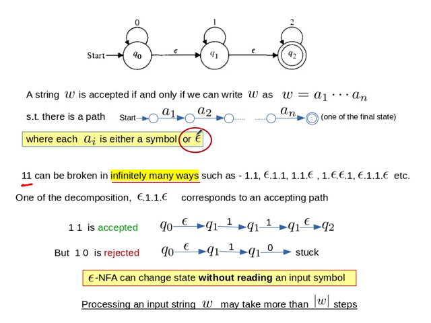Since we are also considering epsilon, breaking down this 1 1 can happen in infinitely many ways. If we do not allow epsilon, then 1 1 can be broken down only into 1 and 1, so there will be just a1 here and a2 here, nothing else. But now since we allow epsilon, we can break it down into 1 and 1, epsilon 1 1, 1 1 epsilon, 1 epsilon epsilon 1, and so on.